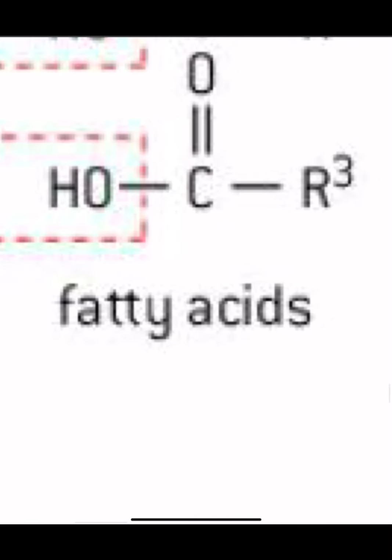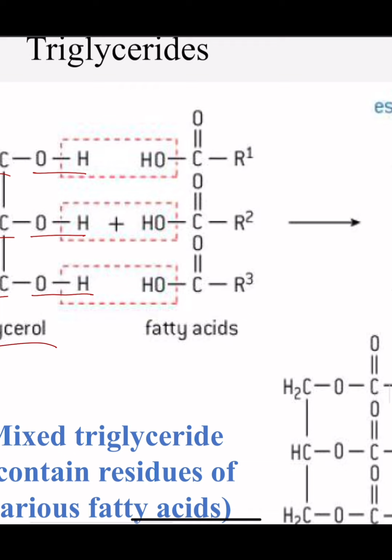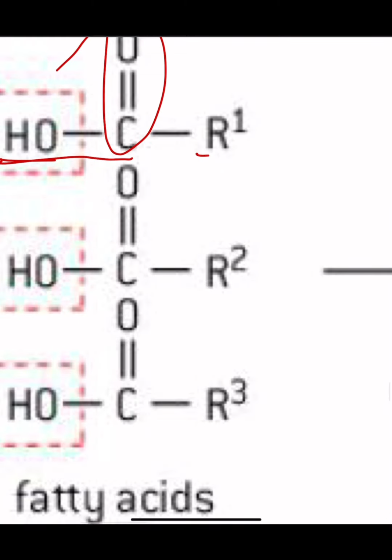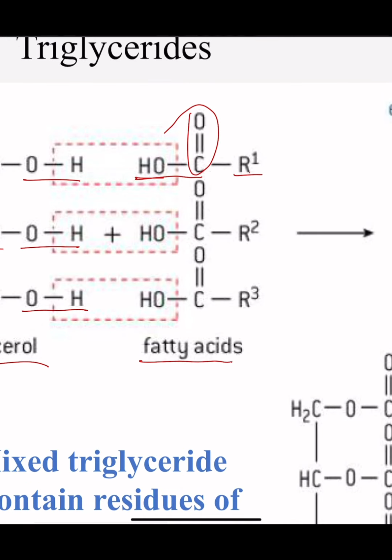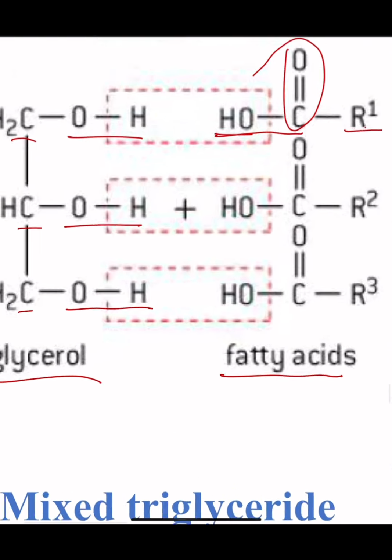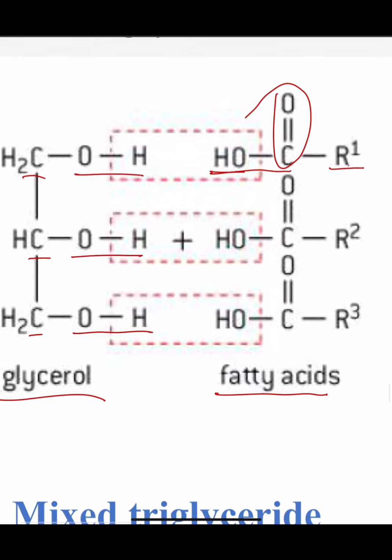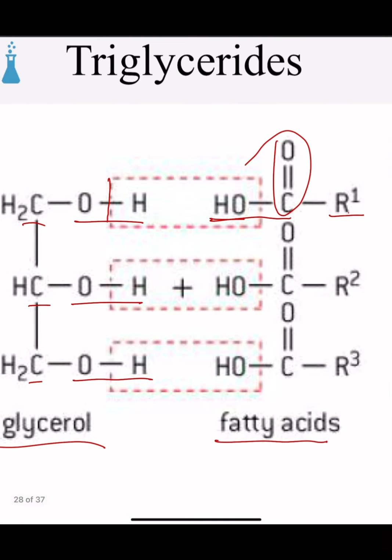And then you grab your fatty acid. I told you fatty acids have this OH and CO, you see COOH. And this R part is variable. It could be 4 carbons, 5 carbons, depending on the acid, okay? So what happens is that this fatty acid and this glycerol go into a condensation reaction, meaning that we're gonna produce water.